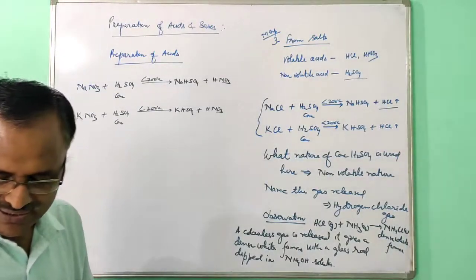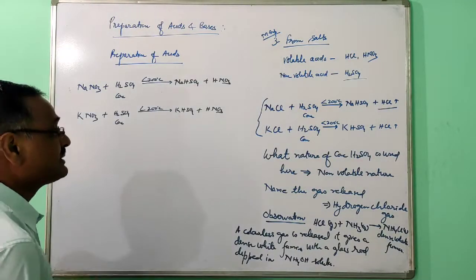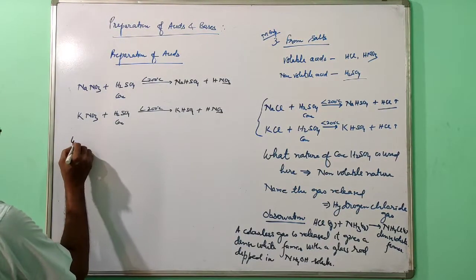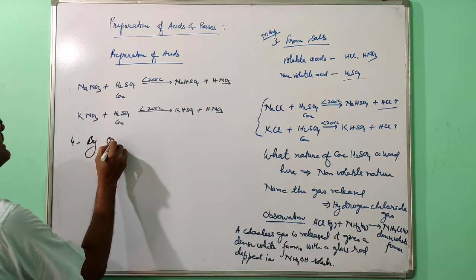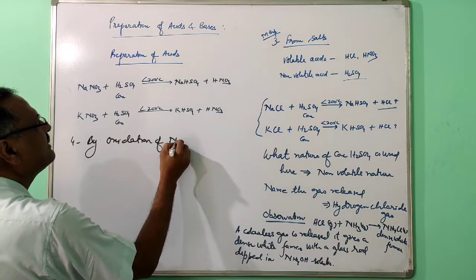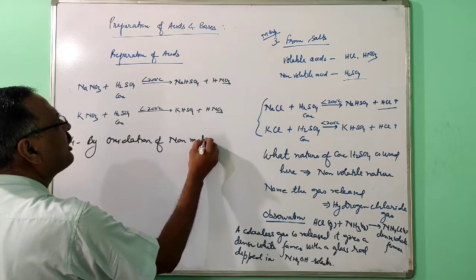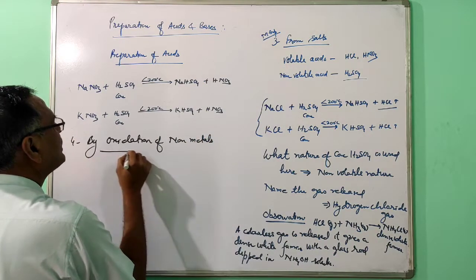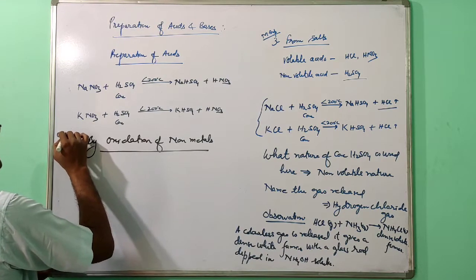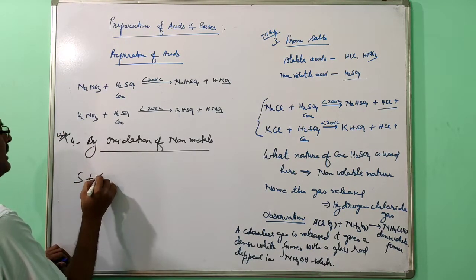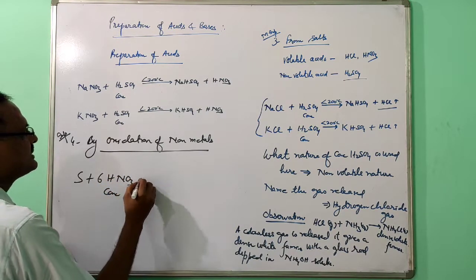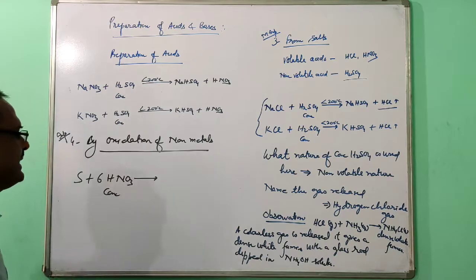Next one is by oxidation of non-metals. Fourth method, by oxidation of non-metals. This is also an important reaction. Sulfur is heated with concentrated nitric acid.